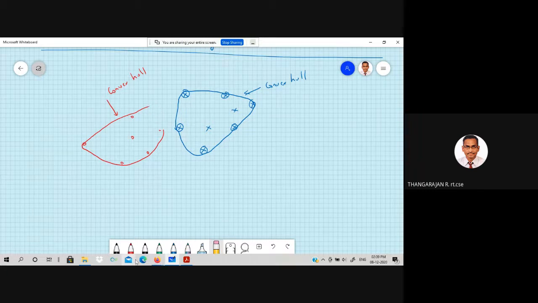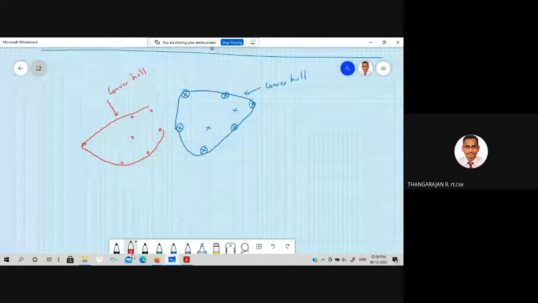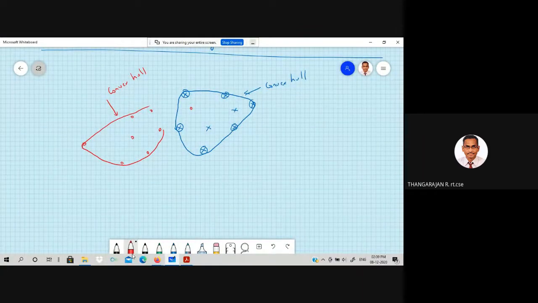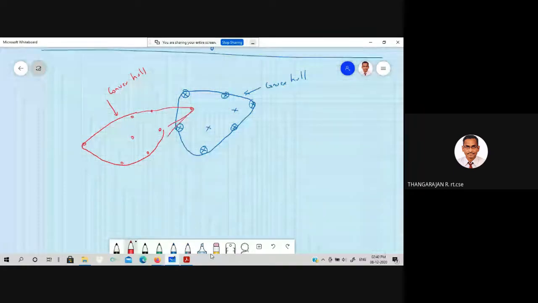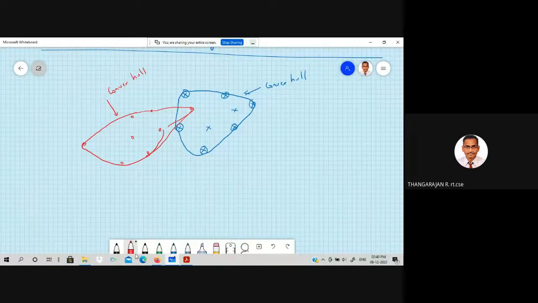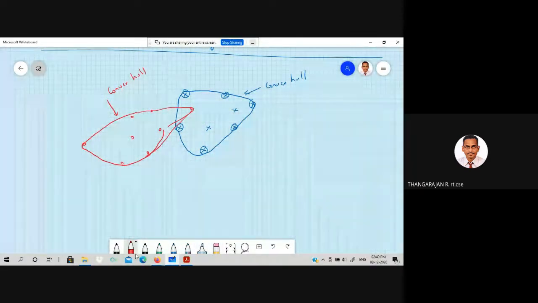So you have 2 points here. Okay, but you have one more point here. Now you take the convex hull. The convex hull will look like this. From here, these points I can erase.